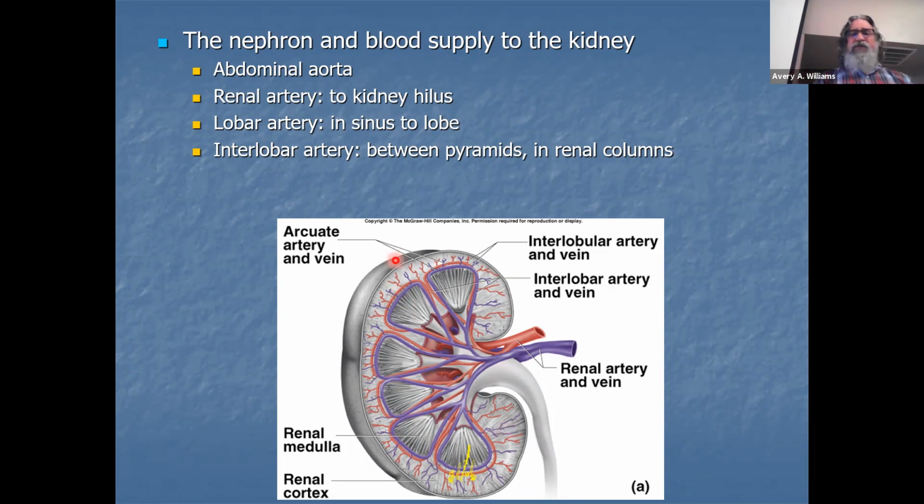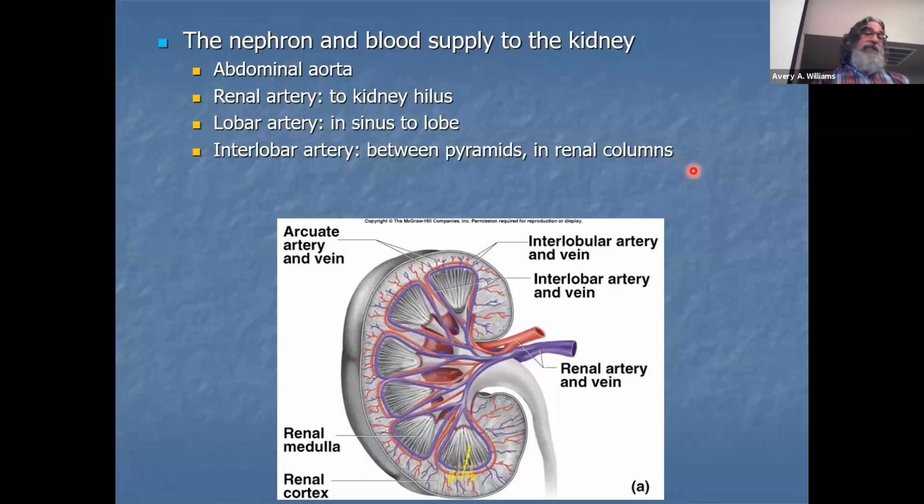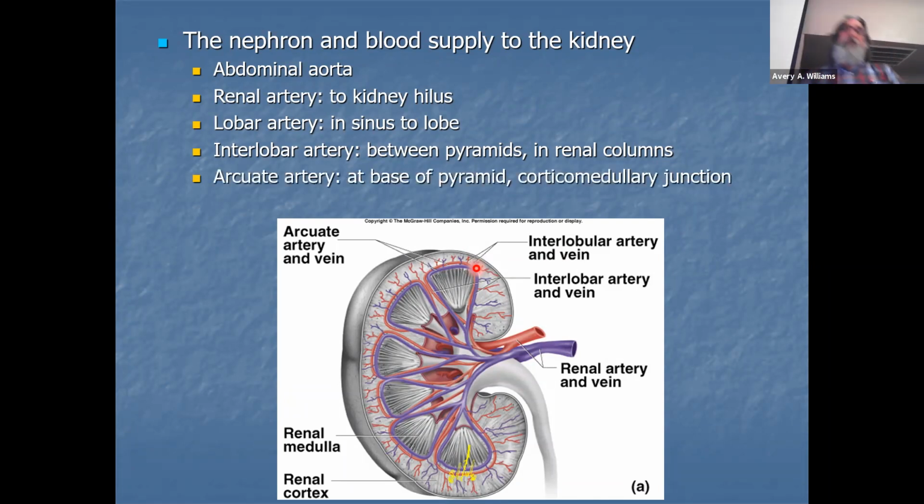So the interlobar arteries occur between the pyramids and the renal columns. They go down to the base of the pyramid, and the sides meet up with each other down at the base, and that forms the arcuate artery. Each base of the pyramid has an arcuate artery.